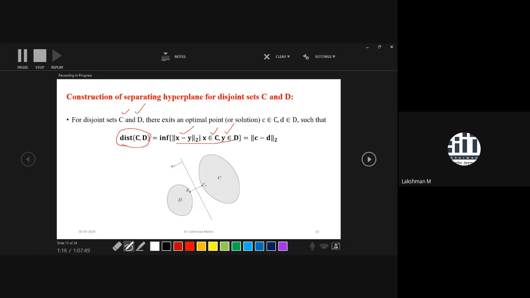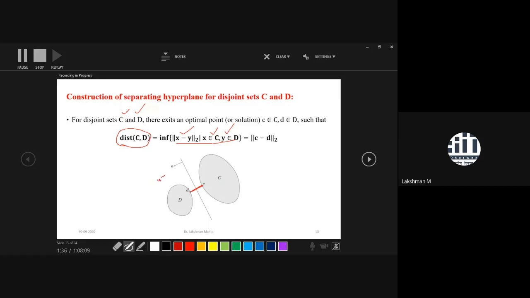And that solution is what? You will get a point small c in the set C and a small d in the set D, and these two points will give the smallest distance between C and D. If you are getting c and d, then consider a direction with respect to c and d. How?